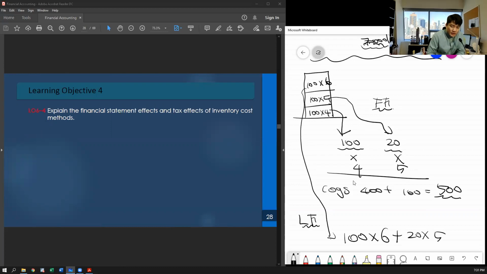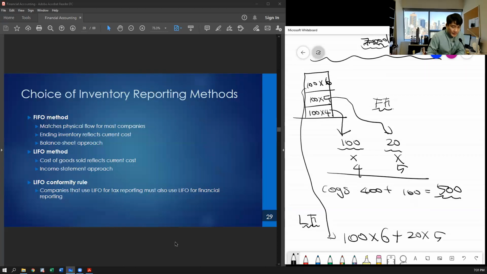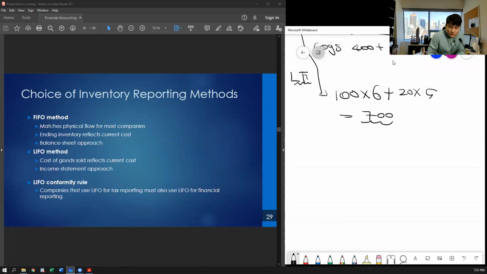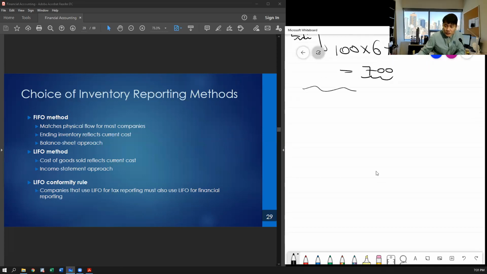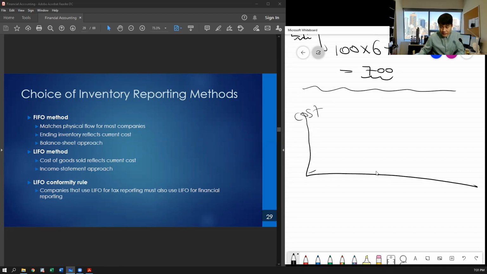So depending on which method we're using, I'm going to be explaining the impact on the financial statement and the implications on tax, and the amount of taxes the company will be paying from the net income. So let me just draw costs here, a time trend right here.